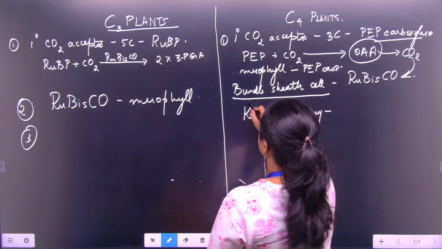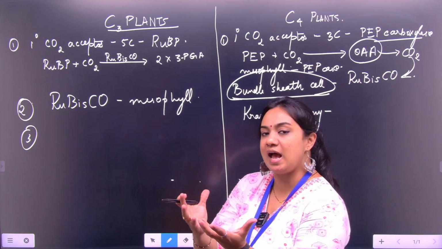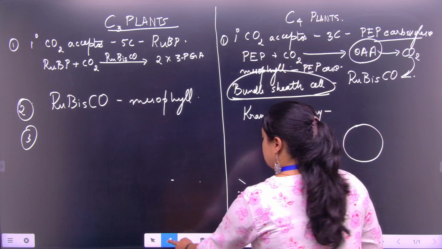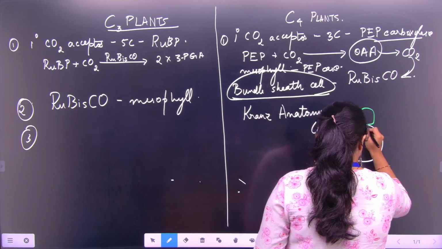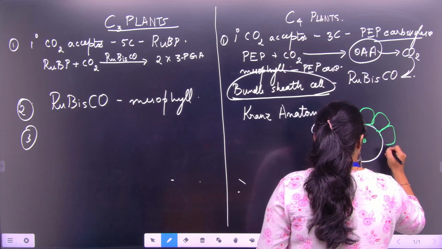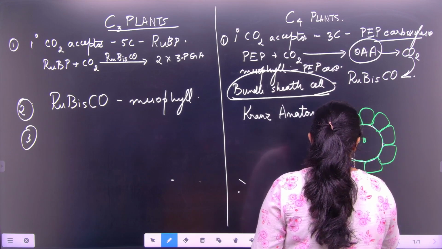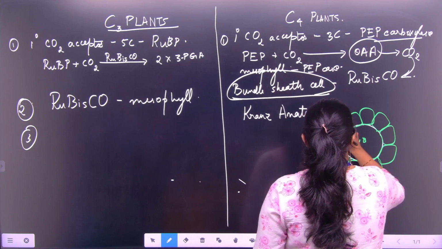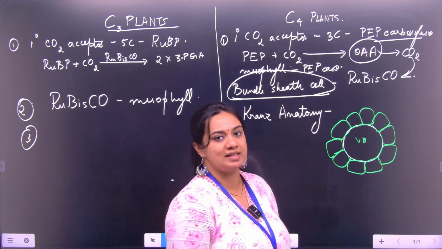What does that mean? The bundle sheath cells are quite thick walled and larger in size, and they are arranged in a ring around the vascular bundle. So this is the vascular bundle, and the bundle sheath cells are large in size and thick walled and arranged without any intercellular spaces, and this gives the appearance of a wreath, and hence it is called Kranz anatomy.